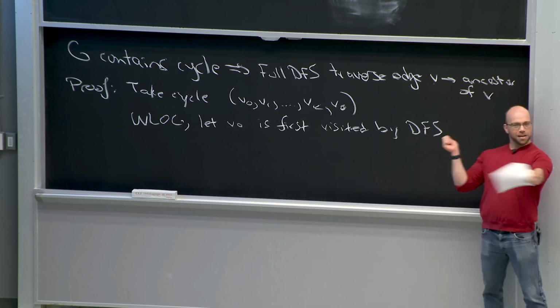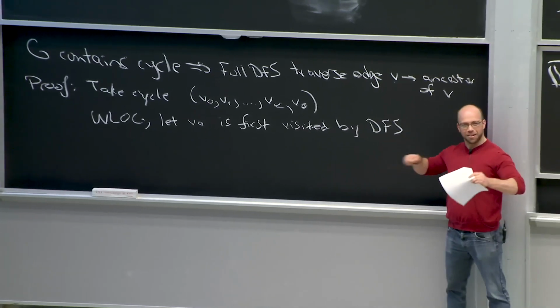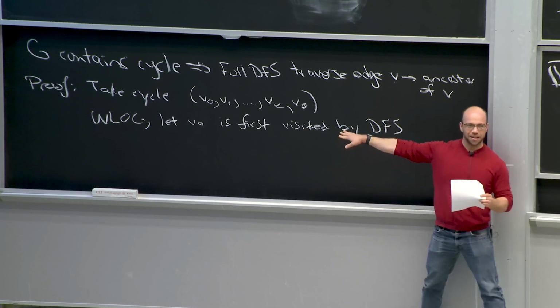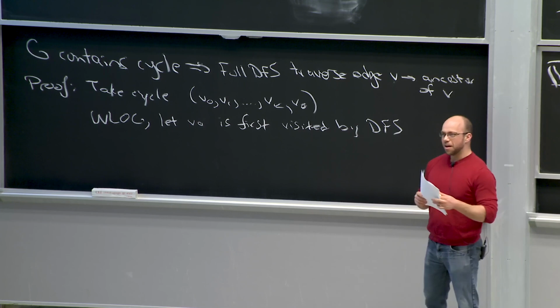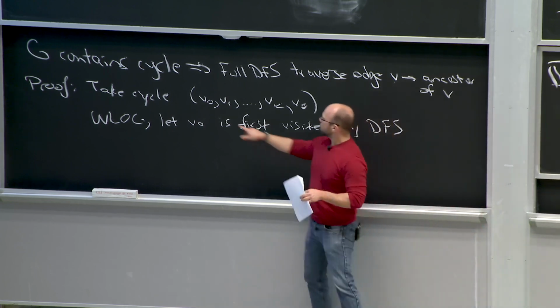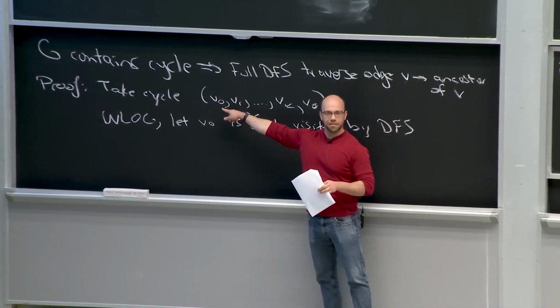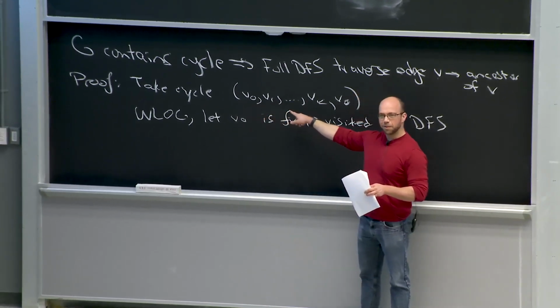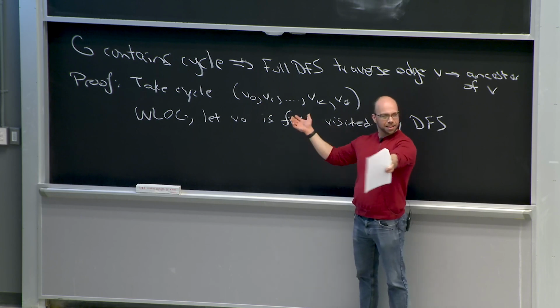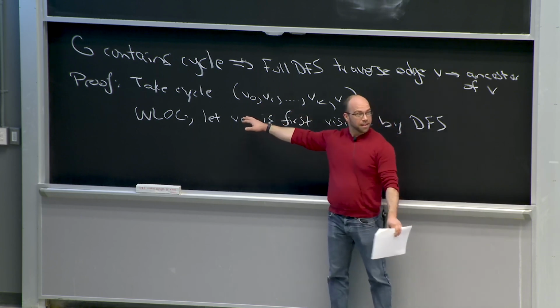That means when I do my DFS algorithm, I'm making all these recursive calls, and the very first vertex to be touched by this technique is V0. Okay. Well, now what's going to end up happening? Think about the recursive call tree starting at V0. By the time that completes, anything that's reachable from V0 is also going to be complete.